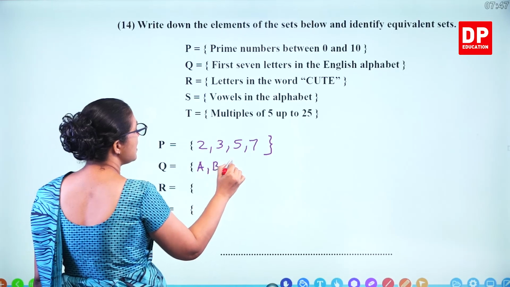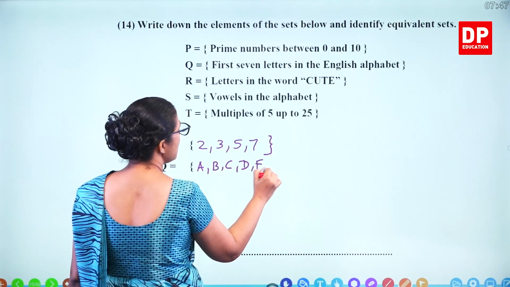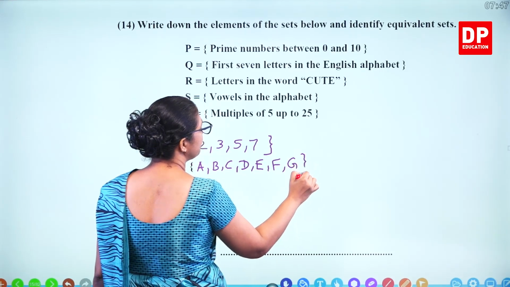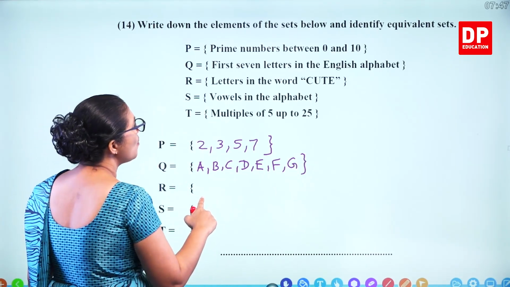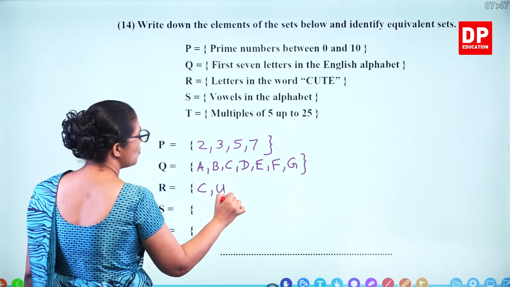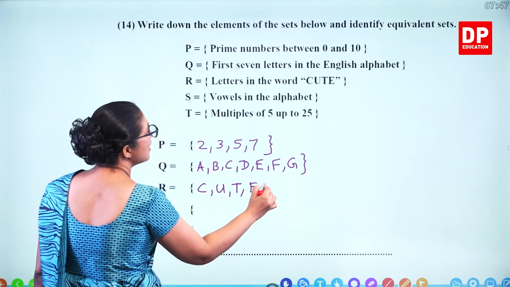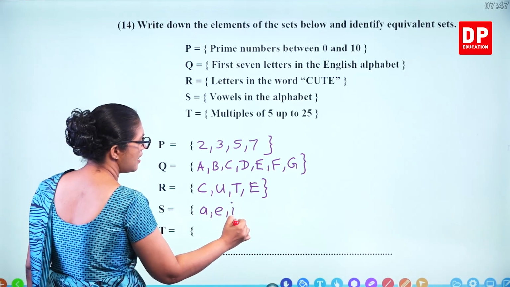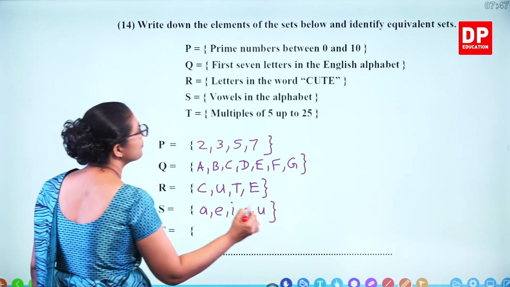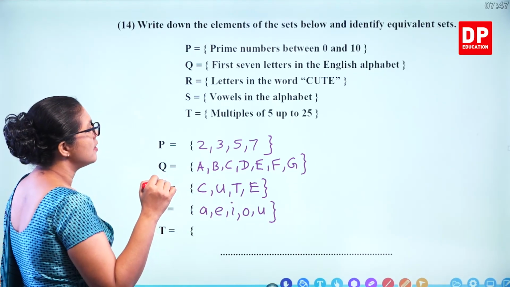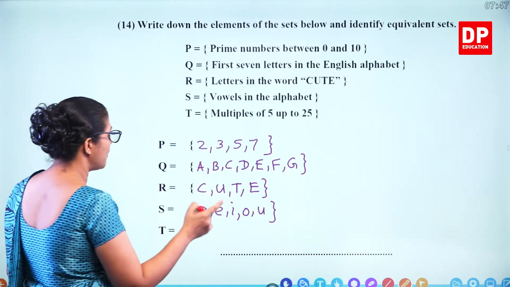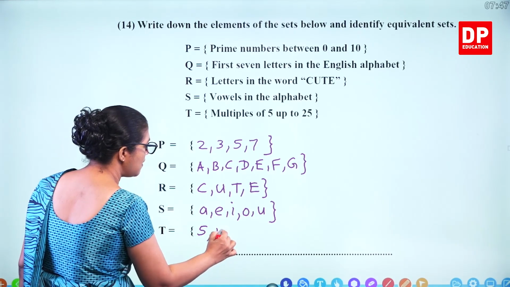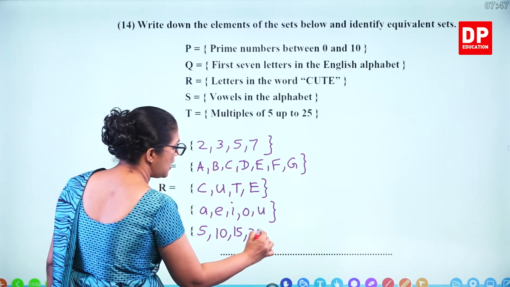A, B, C, D, E, F. 1, 2, 3, 4, 5, 6, 7. Letters in the word cute. C, U, T, E. Vowels in the alphabet. A, E, I, O, U. Multiples of 5 up to 25. So 25 also included. 5, 10, 15, 20, 25.